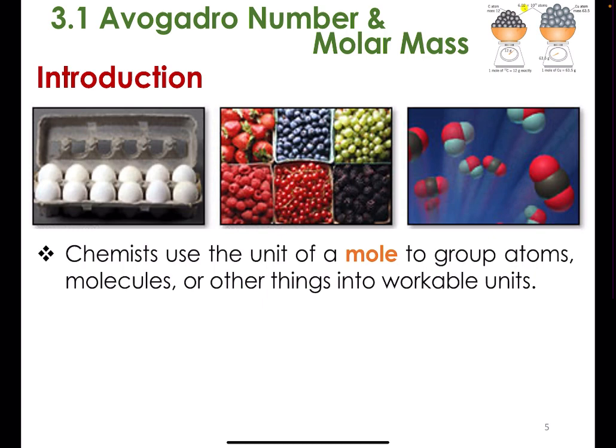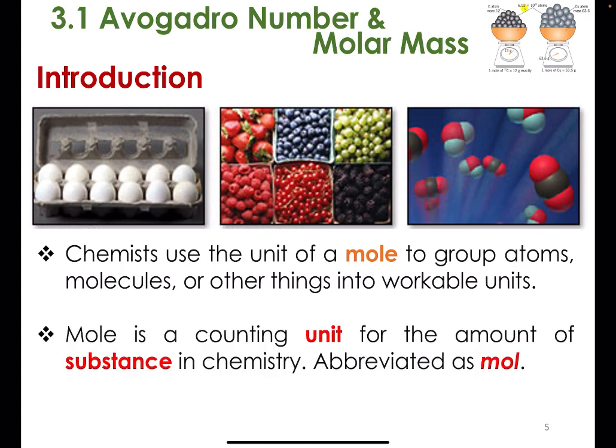So it means you have to understand that mole is a counting unit. Since it is a counting unit, it is a unit that has a value that can be counted based on the amount of substance. And usually we use mole for the counting unit and it is abbreviated as mol.